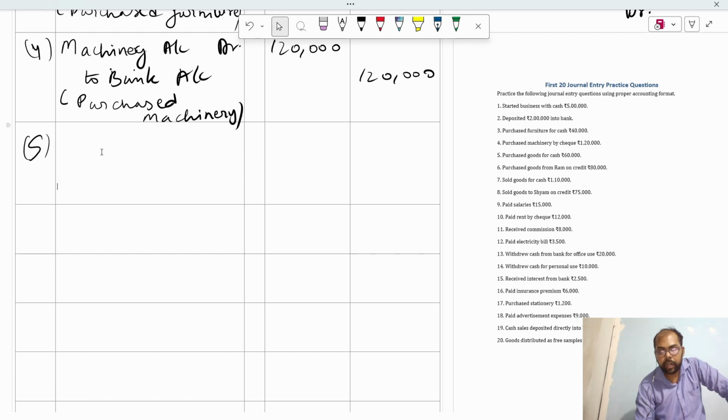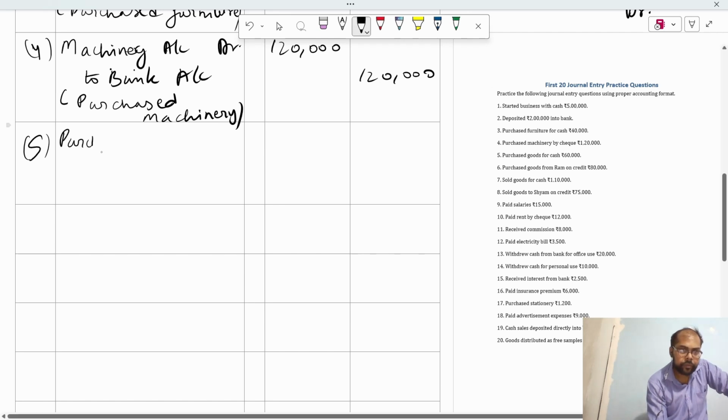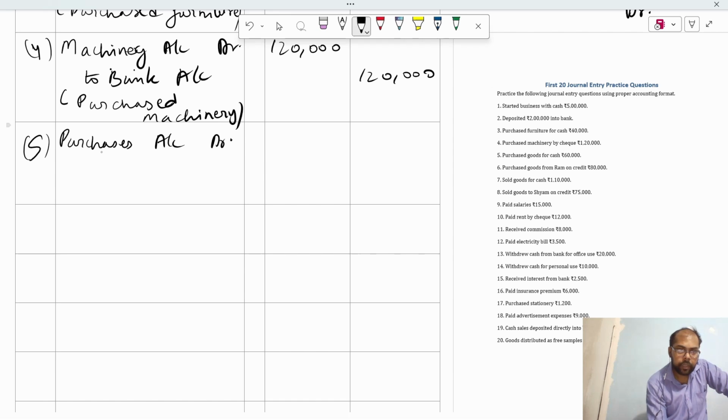We will not write goods account here; we will use the word purchases, because it has to be resold in the market. Purchases account debited to cash account.